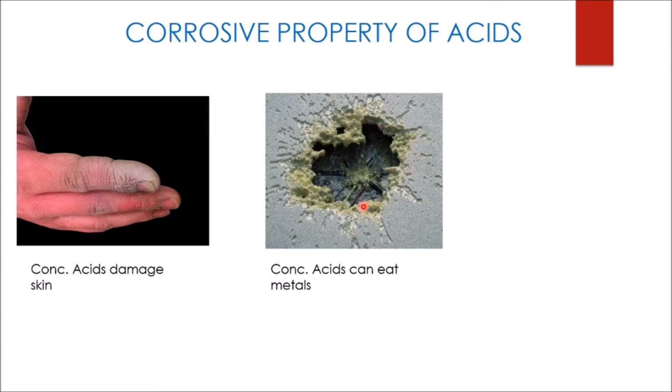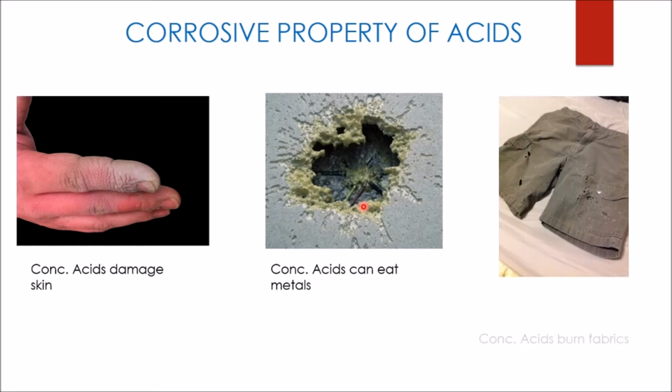So acids have damaging properties. They can burn skin, they can burn metals, and they can also burn your fabrics or clothes. And that is why whenever concentrated acids are used in the lab, you are asked to wear the lab coat, because acids can be very corrosive. If they come in contact with your skin, they can damage you badly.